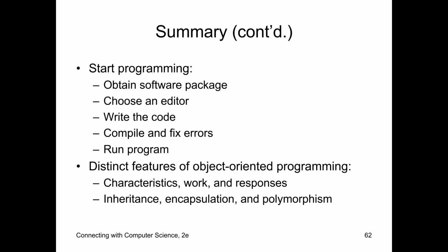Notice again, object-oriented. You have properties, methods, and events. Here it says characteristics, works, and responses. Properties, methods, and events. Those are what define an object. And in object-oriented programming, the three pillars are inheritance, encapsulation, and polymorphism.